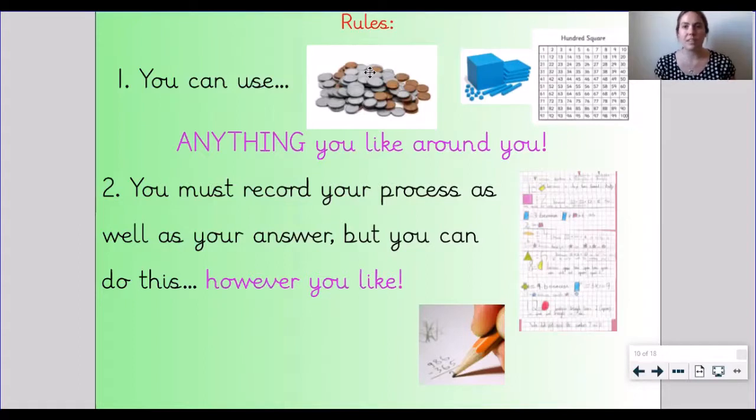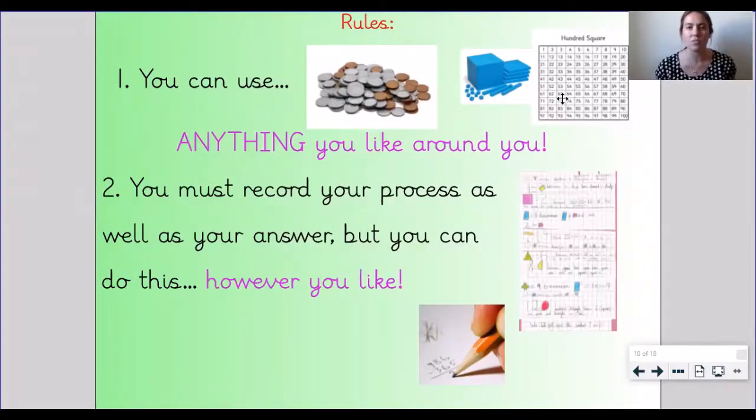Your rules for this investigation are the same as always whenever we're doing investigations at school. You can use anything that you find around you. So at school, we would probably be using the coins, Dienes, maybe place value counters, a 100 square, something like that. I know you might not have these things, but you can use anything that you have.